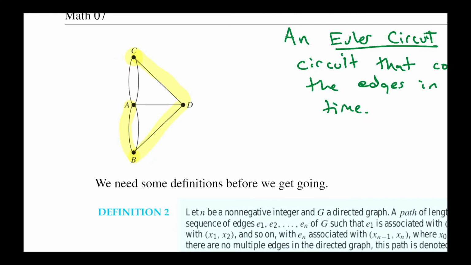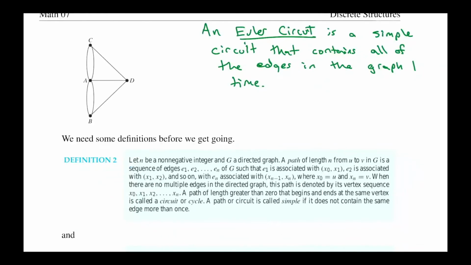If I come back on this, now I'm stuck over here. There's no way to use either of these. If I go over here, I'm stuck at D, and I didn't use any of these. So again, it's the same problem, so it's not any easier to solve now. But an Euler circuit is a simple circuit that contains all the edges in the graph.